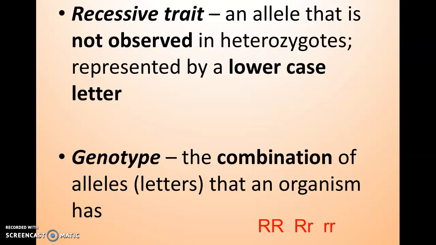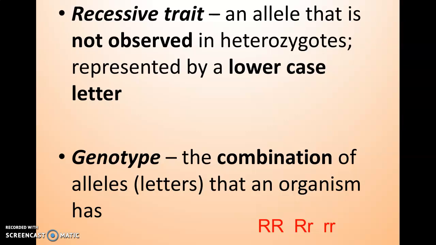A genotype would be all of those letters that we were talking about. So the combination of alleles, or letters, that an organism has is its genotype. For example, capital R, capital R, that genotype is homozygous dominant because they're the same type of letter, right? They're both capital R's and they're both the capital version, which means they're dominant.